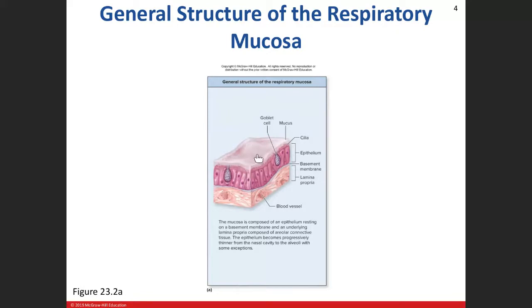That cilia will move it around. I shouldn't say towards the mouth; it will keep it away from the respiratory tree, away from the alveoli. You don't want mucus going down into the respiratory zone. That's why when you get sick and you're coughing up sputum, you're getting rid of it, expelling it.